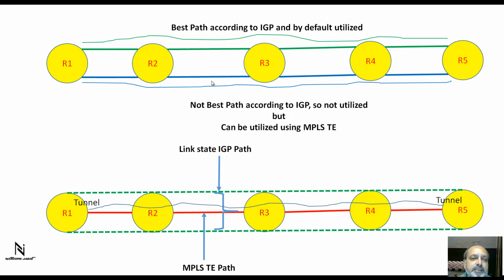In that case, CSPF will always consider this blue path, not the green path, right? Why? Because the blue path has a higher minimum bandwidth. So the first logic is always to point to the path which has the highest minimum bandwidth.